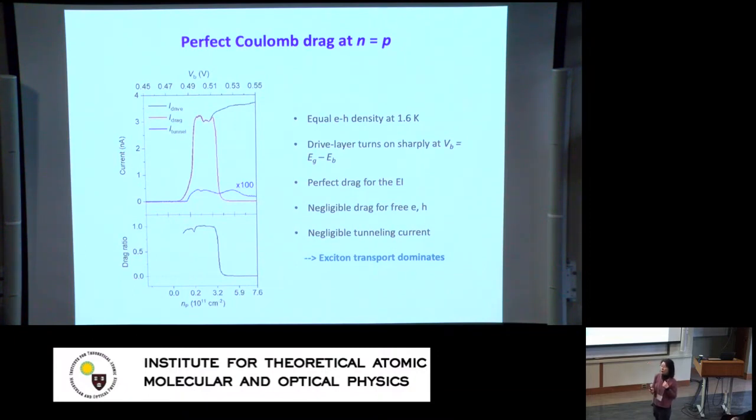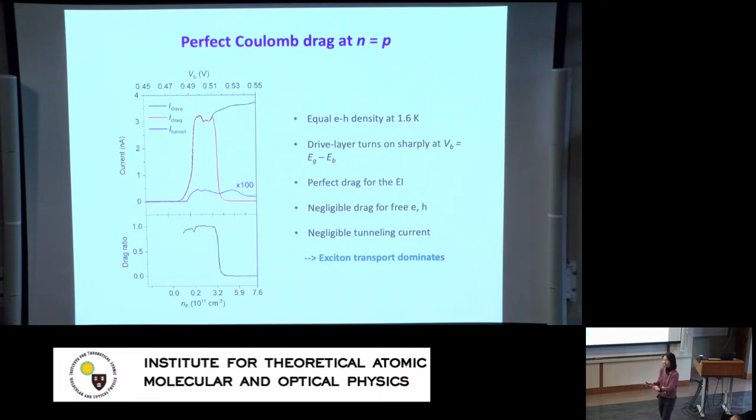It's the ratio between the drag and the drive. Because I have equal electron and hole density and they are bound, if I drive electron current in one layer, I must have a hole current of equal amplitude in the other direction. It can be just classical. Oh yeah.